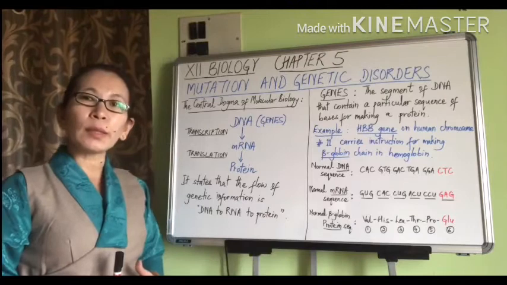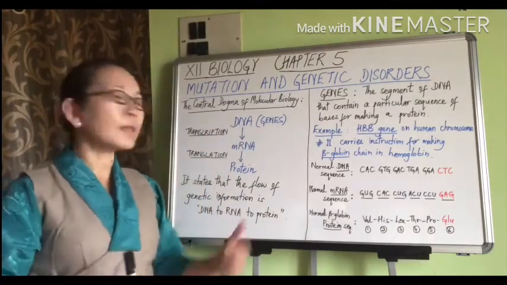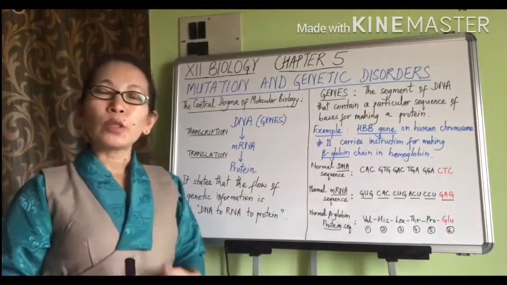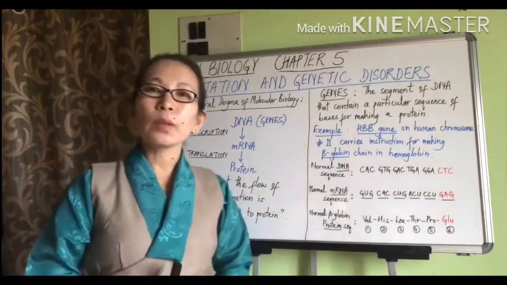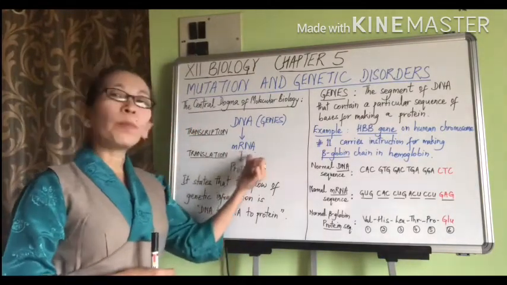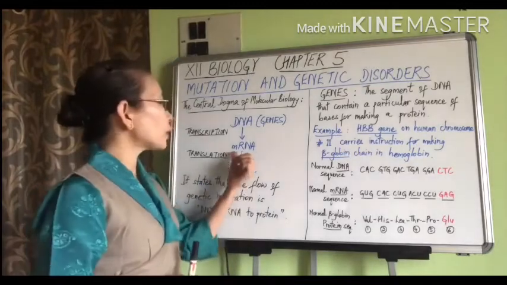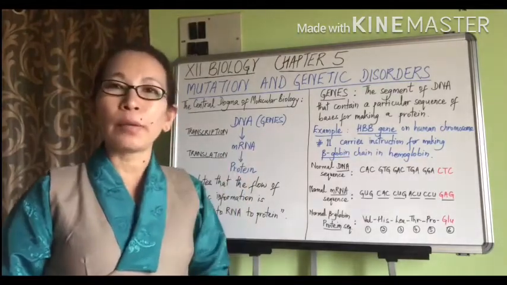What we need to understand here is that the gene or the DNA does not directly synthesize protein. The DNA or the gene, located inside the nucleus, is first copied into another molecule referred to as messenger RNA.